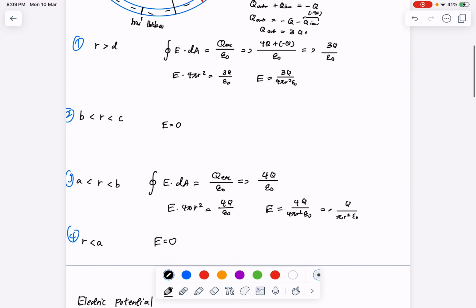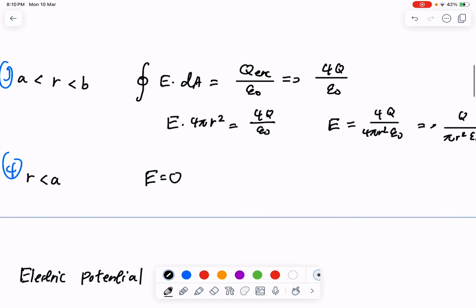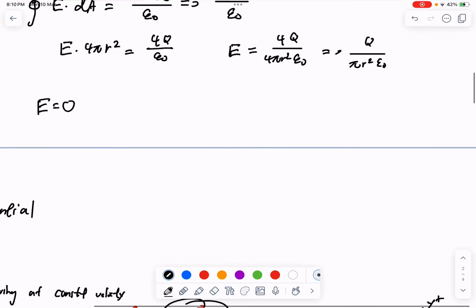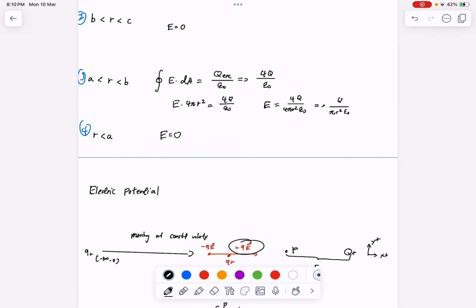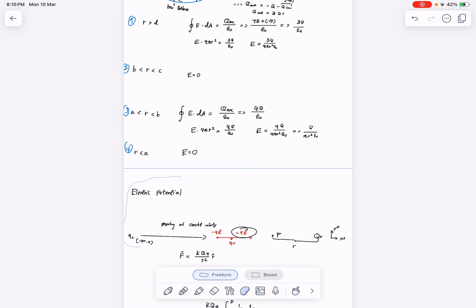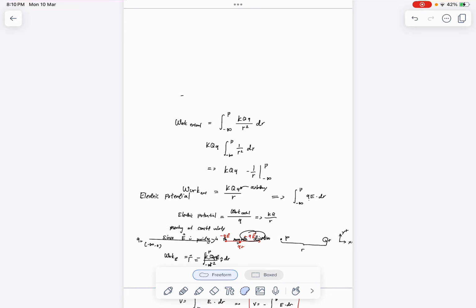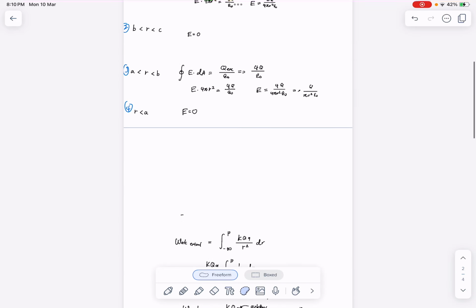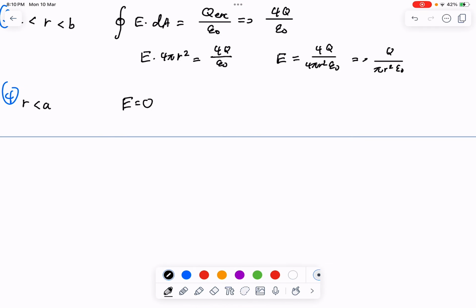It's going to be four integrals, and this is how it's going to go. So let's start from region 1.